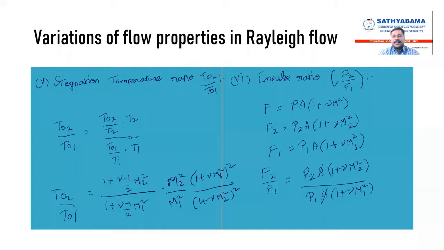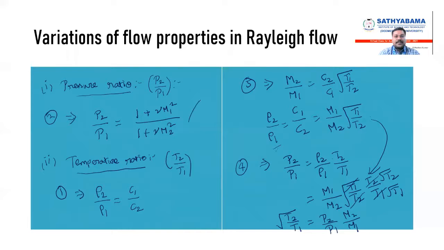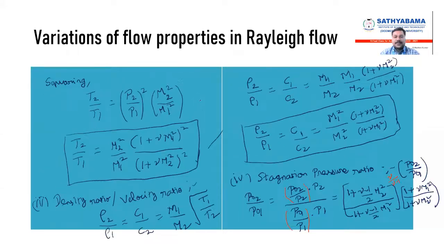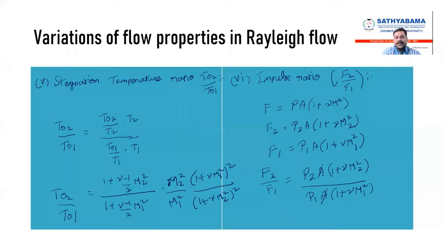This A is also getting cancelled, and we know P2 by P1. What is your P2 by P1 relation? 1 plus gamma M1 square divided by 1 plus gamma M2 square. We just substitute here, and then we have the remaining term 1 plus gamma M2 square divided by 1 plus gamma M1 square. So the denominator and numerator are getting cancelled.